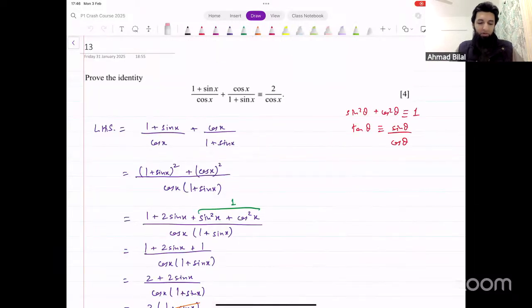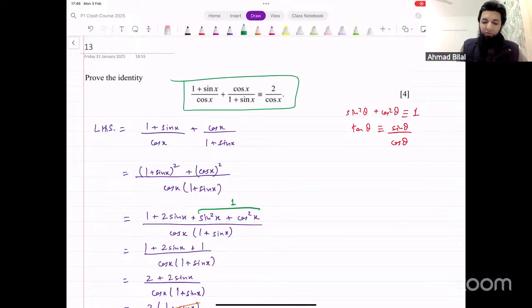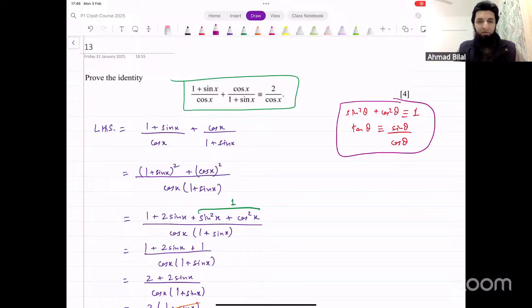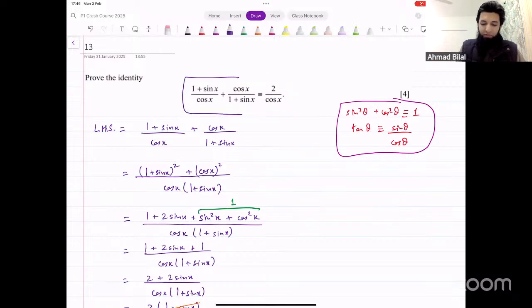And then towards the end of the last class, we also learned how to prove trigonometric identities. So if we have an identity given like this, how do we prove that this is true? Given these two identities, sine squared plus cos squared equals 1 and tan equals sine over cos, we start from one of the two sides. Generally, we start from the side that is relatively more complex.